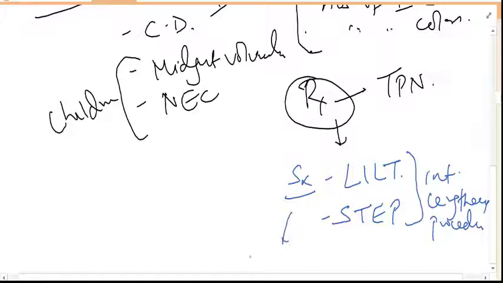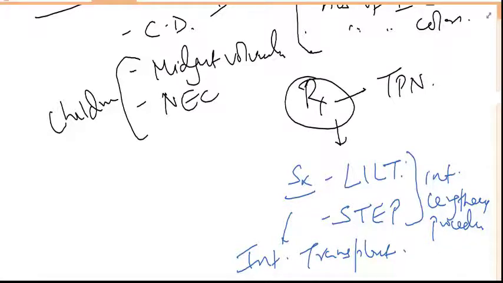The best option for short bowel syndrome is intestinal transplant. So intestinal transplant is the best hope for these patients. TPN has its own complications. We can put the patient on TPN for a short term, but not lifelong. So in our question, urolithiasis is a well-known complication of short bowel syndrome.